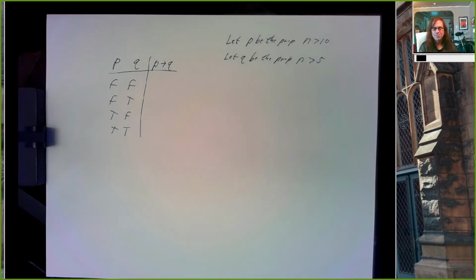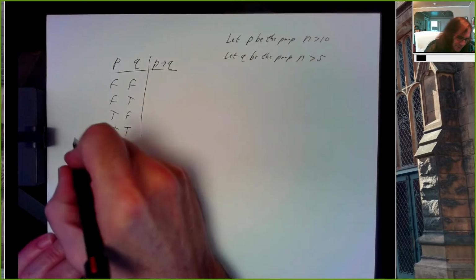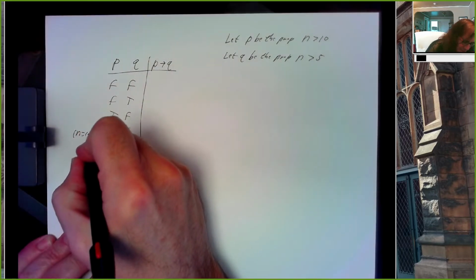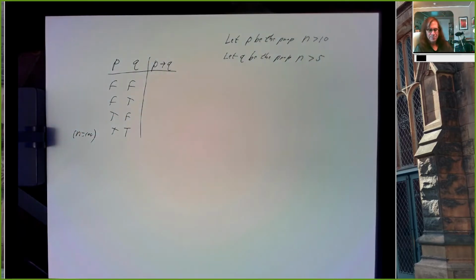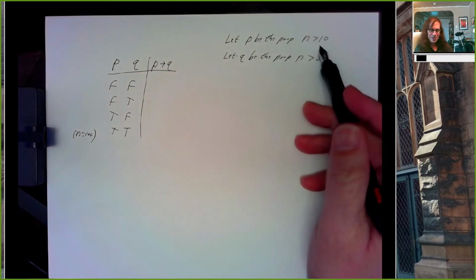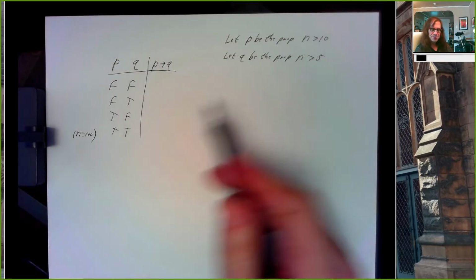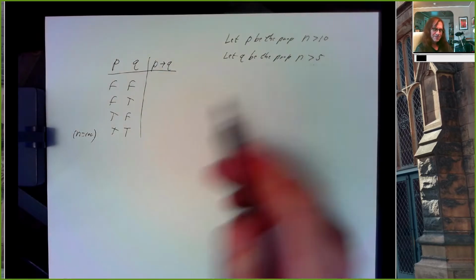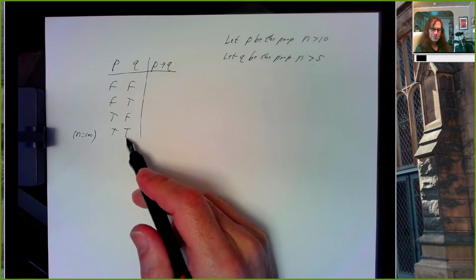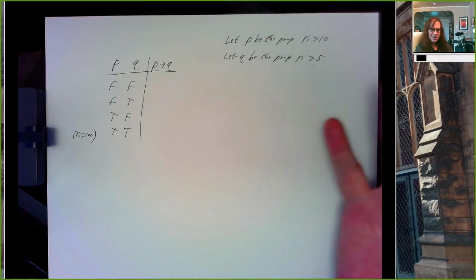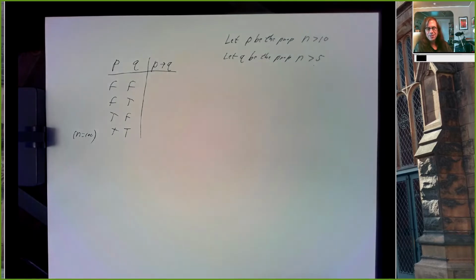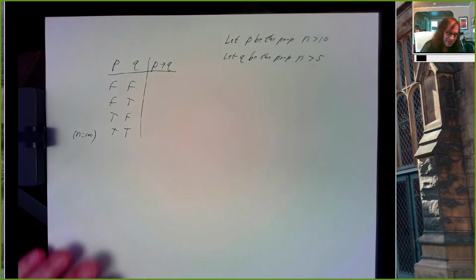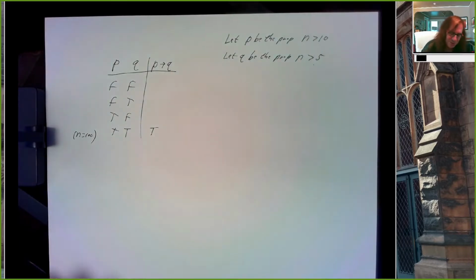So let's pick some n's and fill in this truth table by using some specific values. I'm going to pick a value n equals 100. Well, n is bigger than 10, so in this case P is true. n is bigger than 5, so in this case Q is true. And we know that if n is bigger than 10, it's bigger than 5, so this is definitely going to be true.